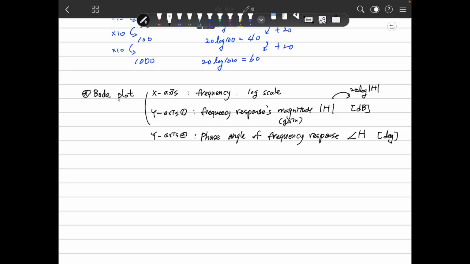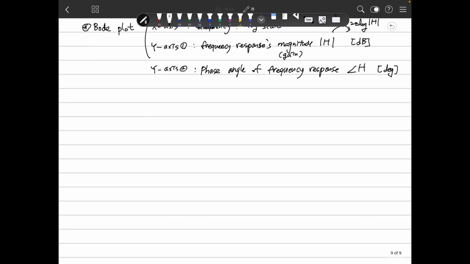So for example, we have passive low pass filters. H is 1 over 1 plus j omega over omega 0. That is the general form of the passive low pass filters.